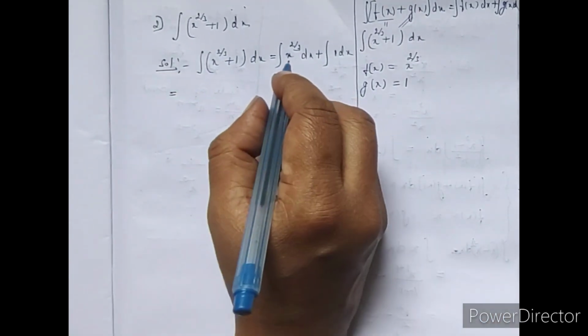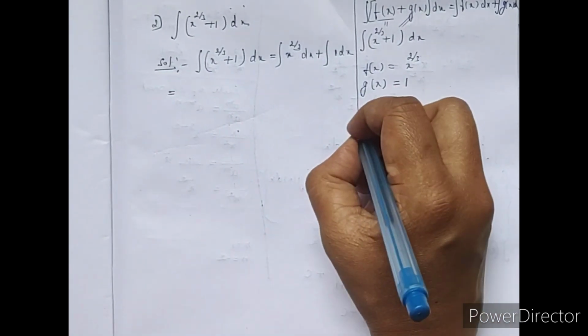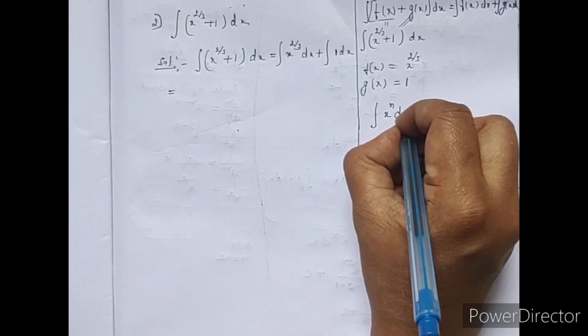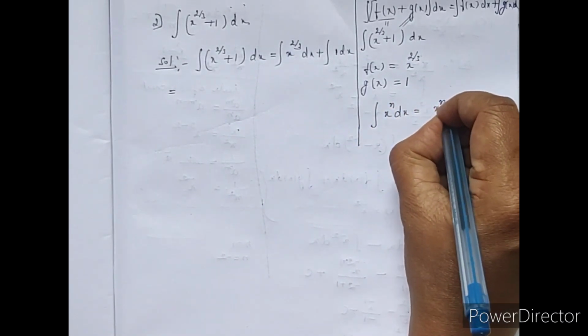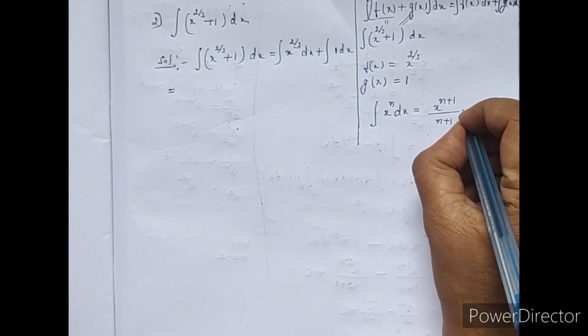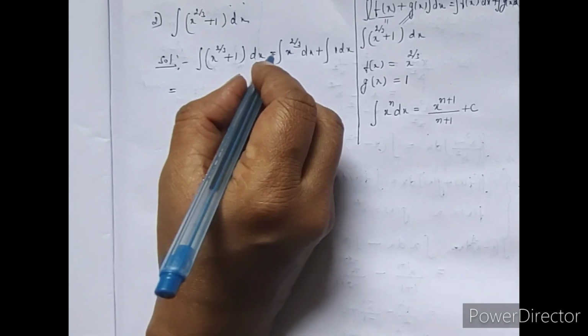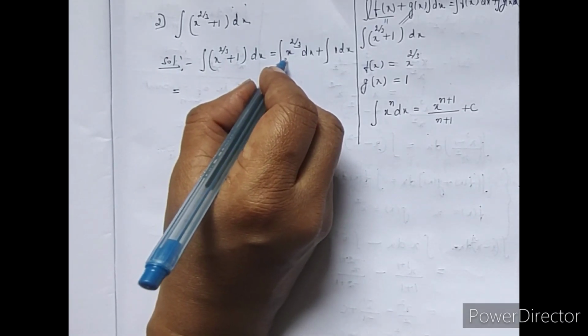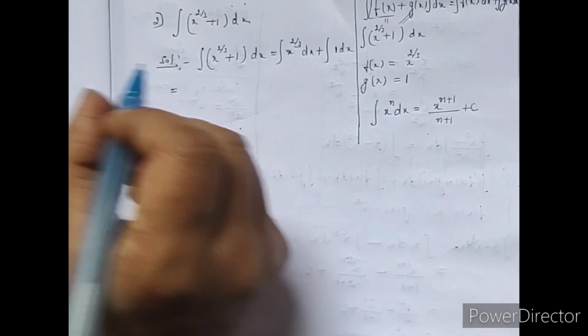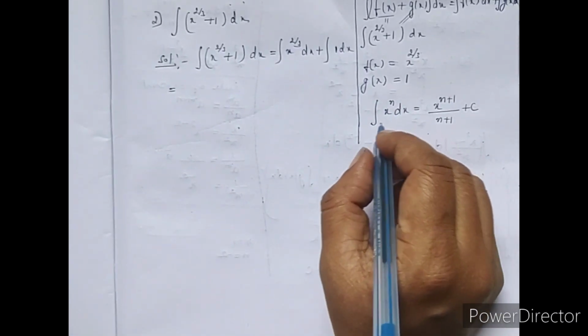So now you can use the standard formula. What is the standard formula? Integration of x to the power of n dx is equal to x to the power of n plus 1 divided by n plus 1 plus the constant of integration c. So here the first integral is x to the power of 2 by 3. So it is x raised to some power, and we can apply this formula.